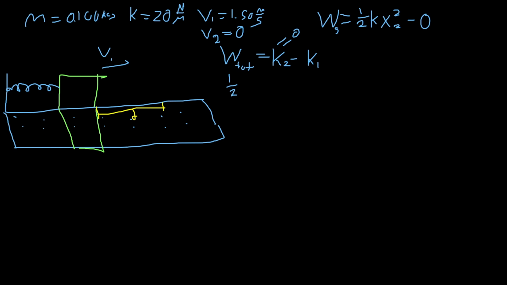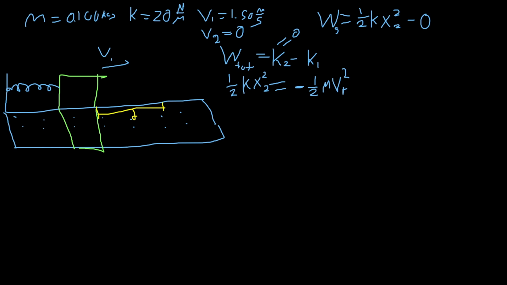So we have 1 over 2 k, and then you have x squared, equals the minus of the kinetic energy, which is 1 over 2 mass times velocity squared, with the 1 over 2 crossed out.